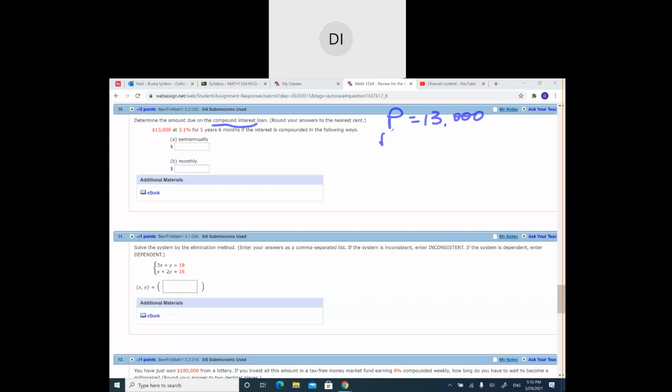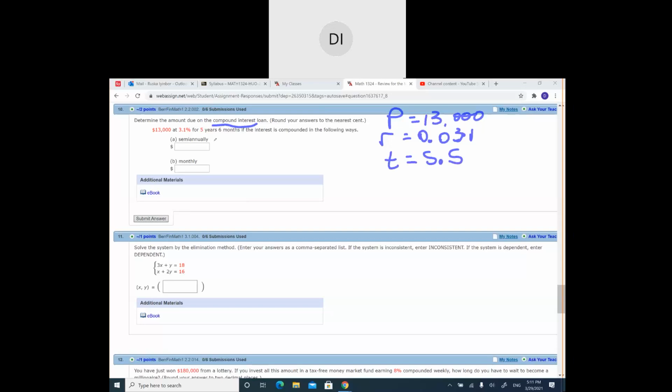The rate is 3.1%, which is 0.031. And then we have 5 years and 6 months, so that's the time, 5.5 years.